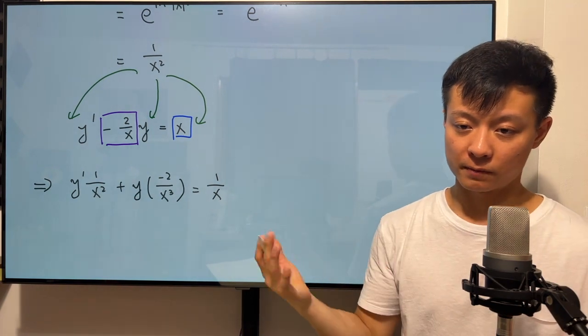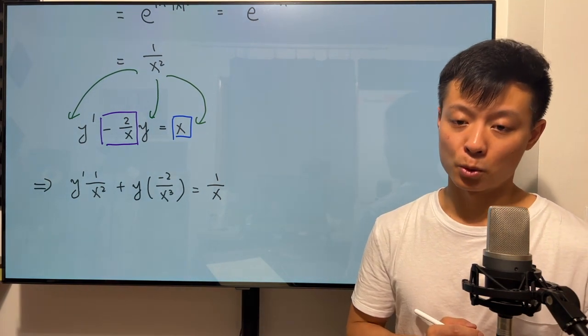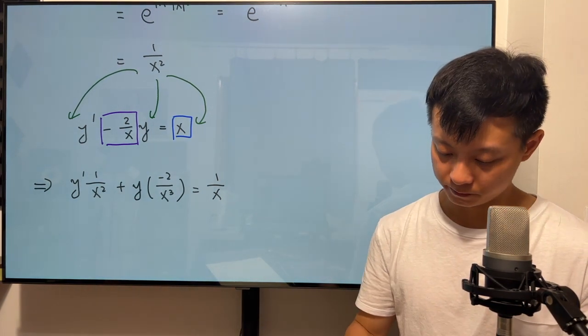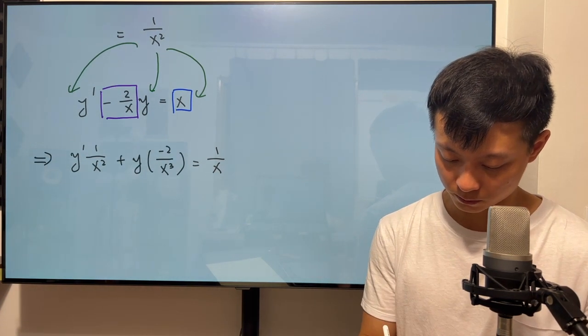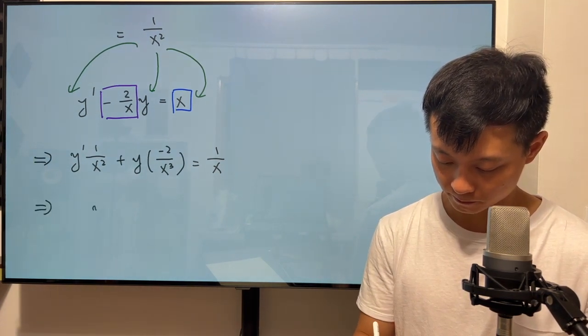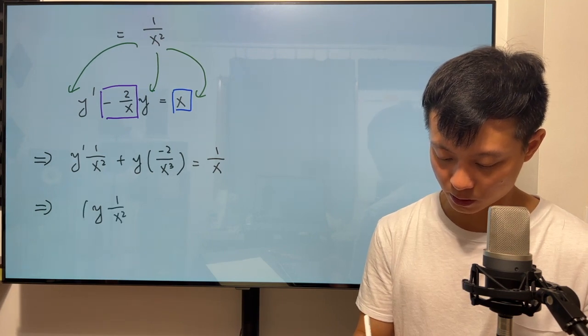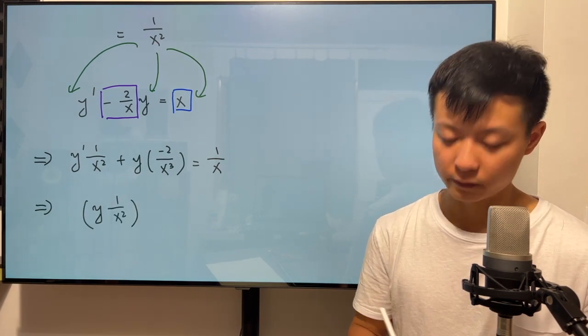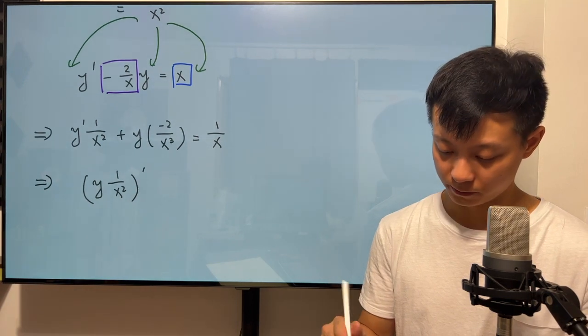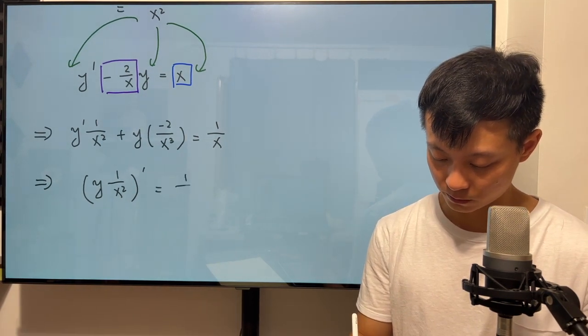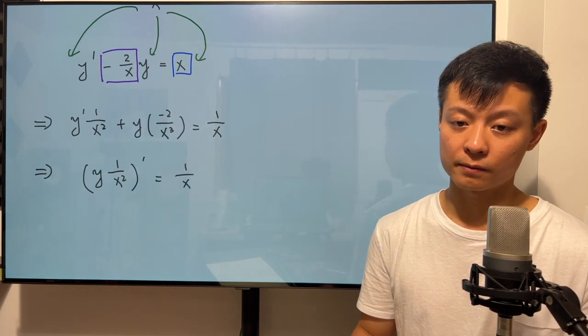So it's the same kind of product rule of the derivative. So we can turn that into the derivative of y times 1 over x, by the product rule, which is equal to 1 over x.